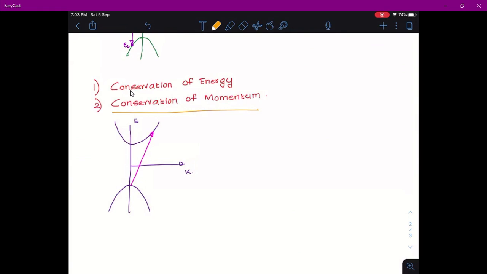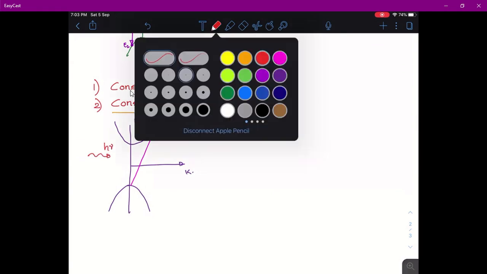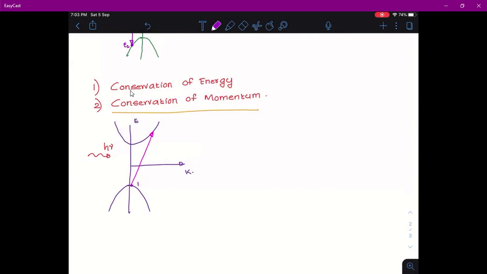Okay, so here in this diagram, if it needs to jump in a slanted line, it should be provided with some kind of energy. So when it is provided with some energy, the electron which is at the E1 energy level will jump to the E2 energy level. Now the question is, is it possible? Is it valid? So you should look at the following. The electron at E1 has a momentum K1, and the electron at E2 has a momentum K2.